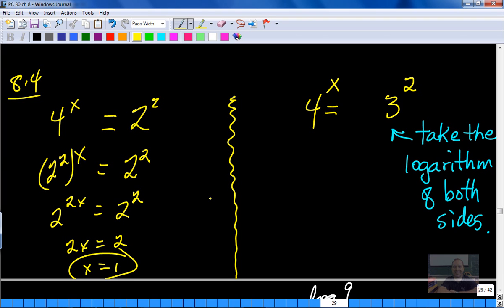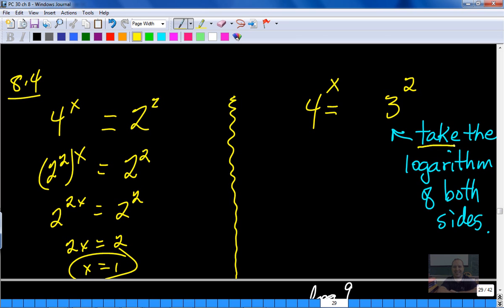We're going to come up with more complicated exponential equations where getting the same base on both sides is not really easy or possible, so we don't want to go that route. What we want to do is use a logarithm. Let's do the same equation over here as a second method.